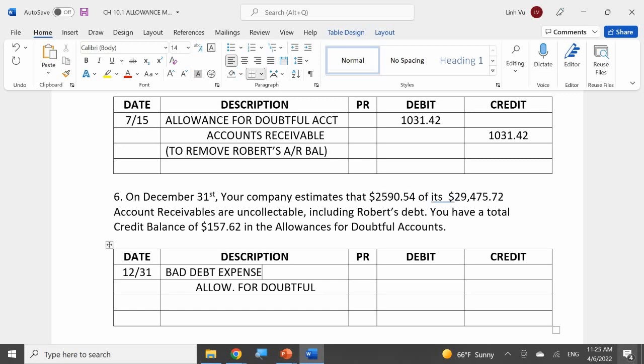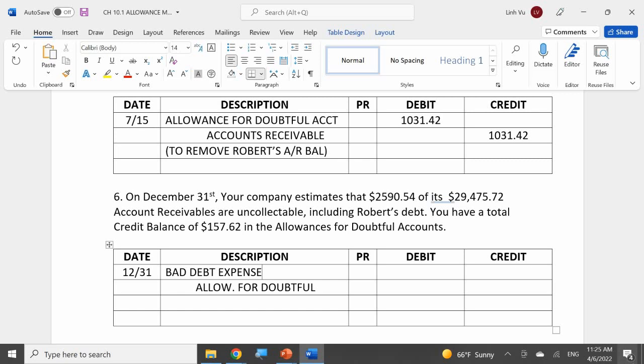We don't know who else owes me money. We don't know if Sarah is going to default on her payment or not. We know for sure Robert is done for, but that's only one person that we know. This estimate is based on the total amount of all the accounts receivable.